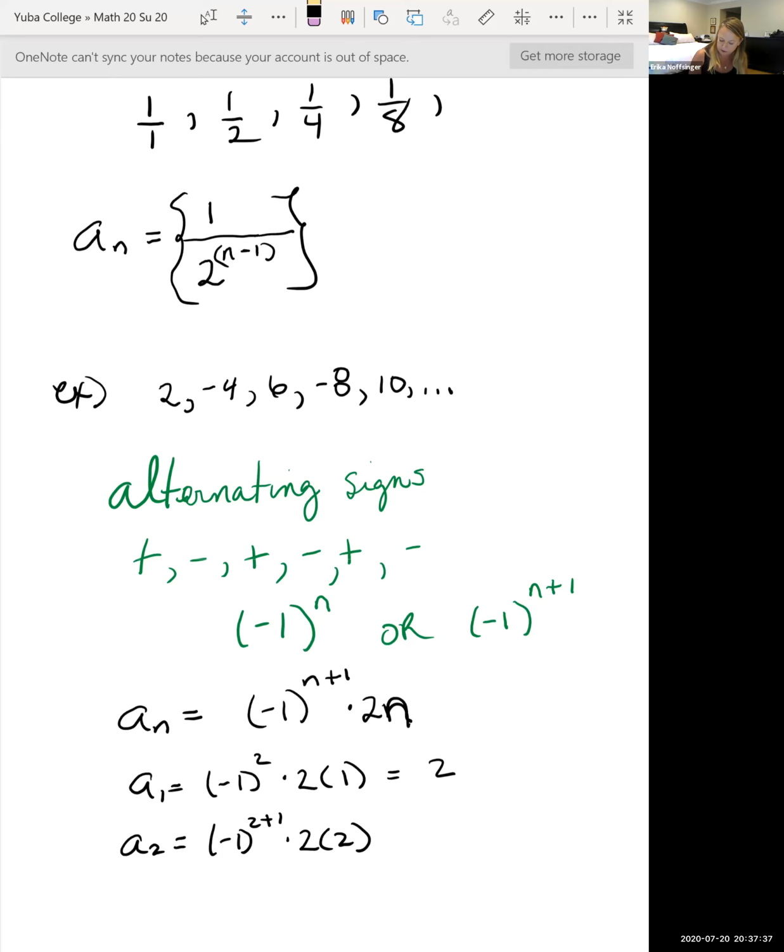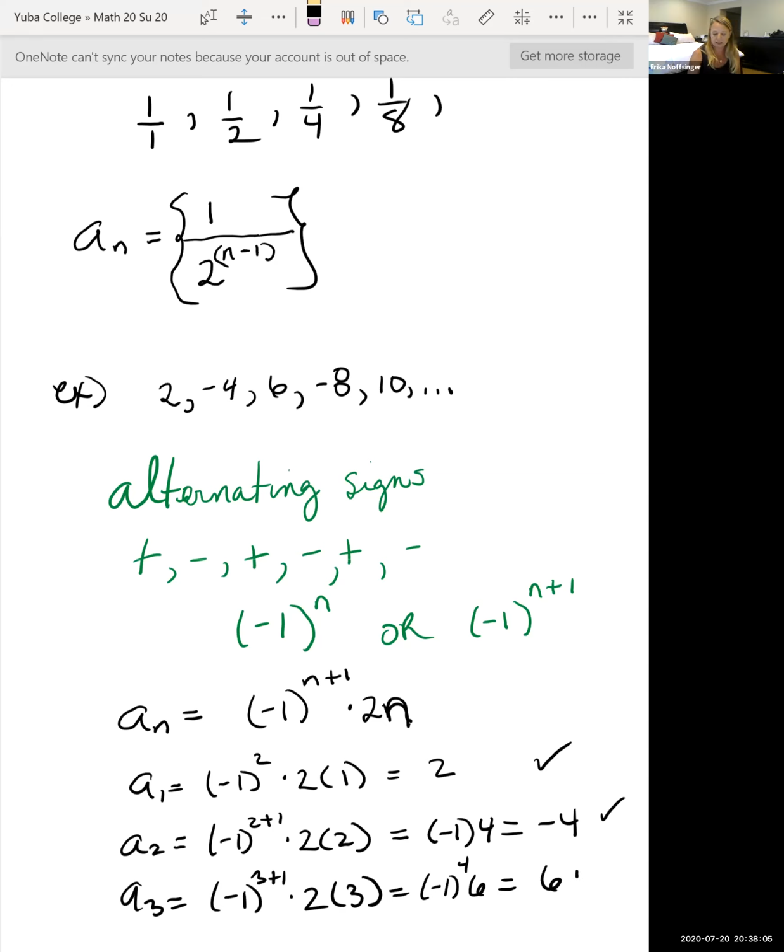So -1 cubed is -1 times 4, which is -4. If I plug in 3, I have -1 to the 3 plus 1 power times 2 times 3. So we get -1 raised to the 4th times 6, which is 6. So you can see that we figured out the correct formula for the nth term.